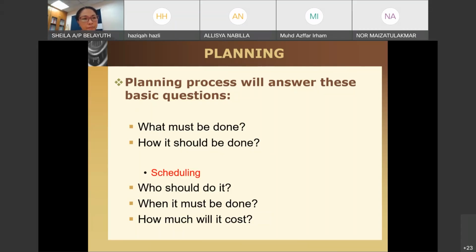Any idea? Timeline, project. Timeline to when? When it must be done. When is the timeline?